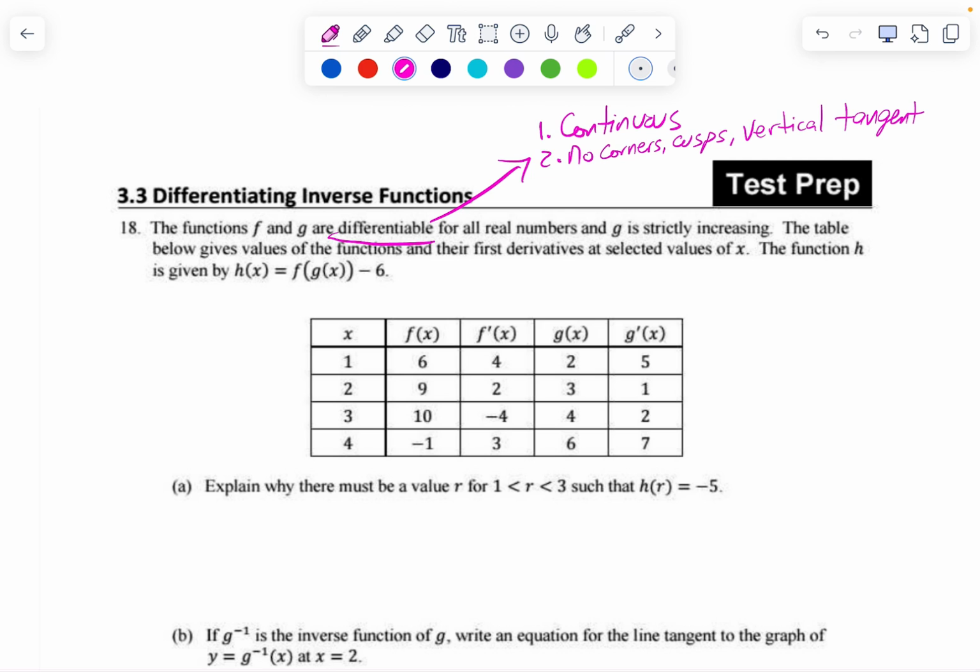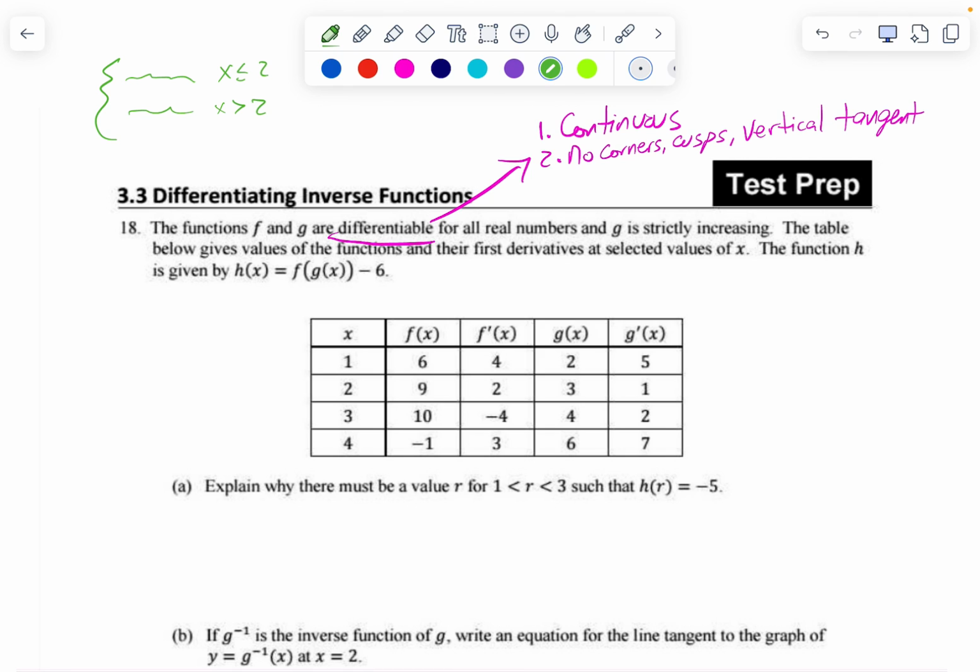Now, thinking piecewise functions, how do we know if it's differentiable? I almost said the actual thing. So piecewise, right? You have two pieces, maybe it's three pieces, and we're saying maybe this is x less than or equal to 2, and this is x greater than 2 or something.